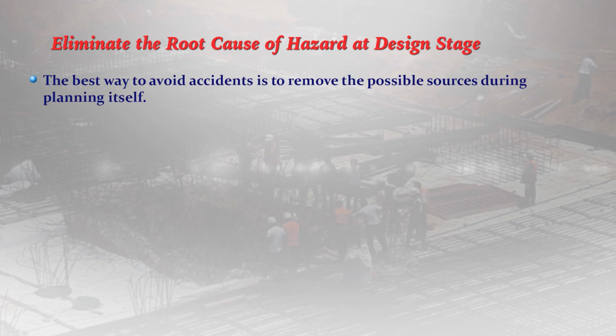The safety measures have to be started with the very beginning at the design stage also. What we can do? The best way to avoid accidents is to remove the possible sources during the planning itself. When we are planning the project, what is to be done, how it is to be done, at that stage we can make proper arrangements, we can plan properly to avoid accidents.